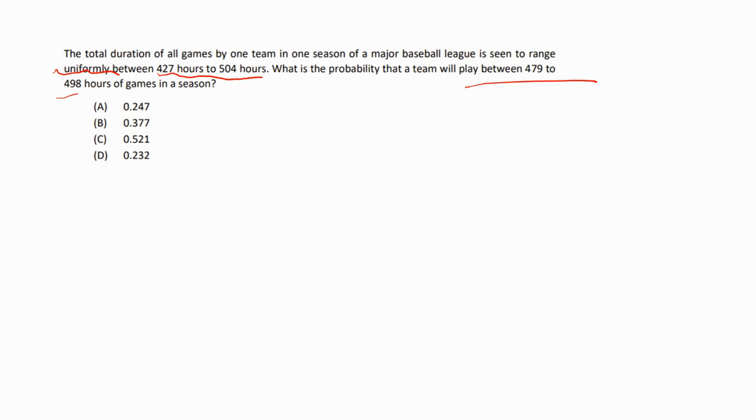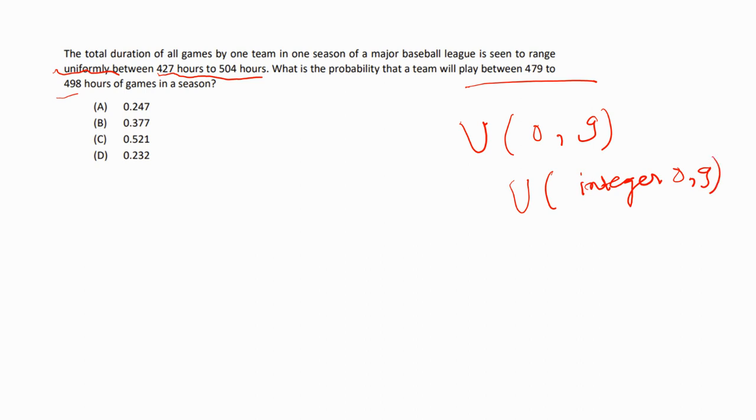So in uniform distribution, uniform distribution can be discrete or can be continuous. So if you have a uniform distribution like 0 to 9, it is continuous, okay. But if you have a uniform distribution, let's say integer 0 to 9, then it is not continuous, it is discrete.